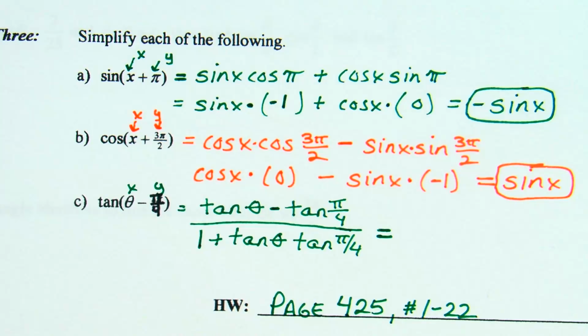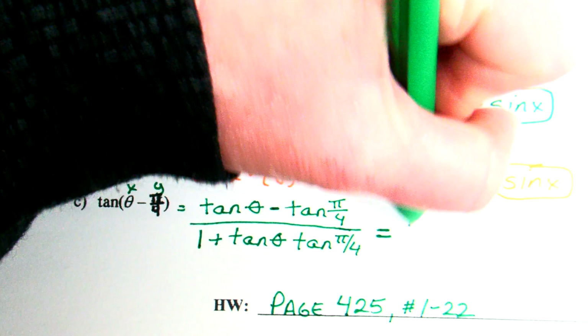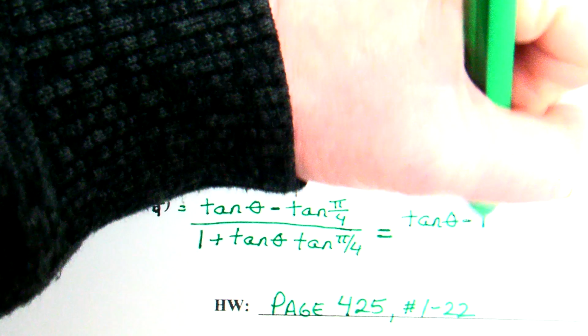So tangent theta, tangent pi over 4. Okay. What's the one thing you can clean up here? Do we know tangent of pi over 4? Tangent of pi over 4 is 1 according to our chart.